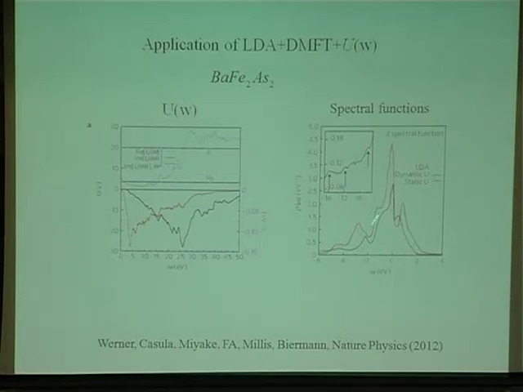This narrowing mainly comes from the renormalization factor arising from the high energy part of the screened interaction. We have not included the k-dependent self-energy in these calculations. It would be interesting in the future to add the k-dependence also.